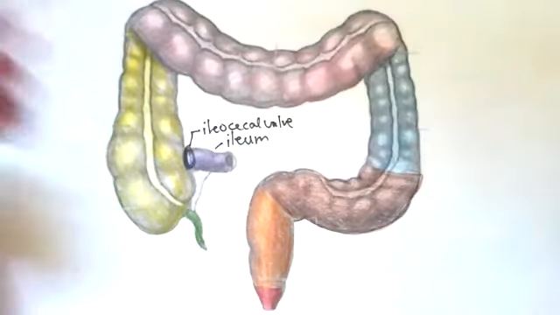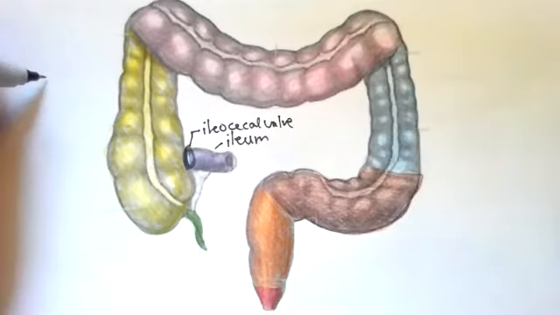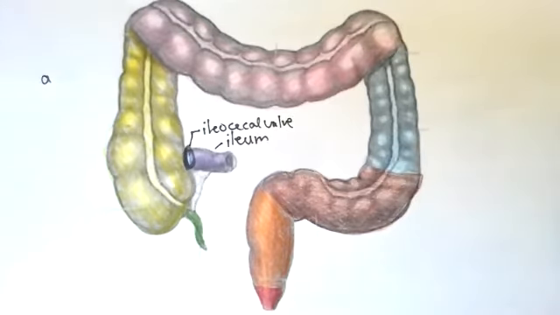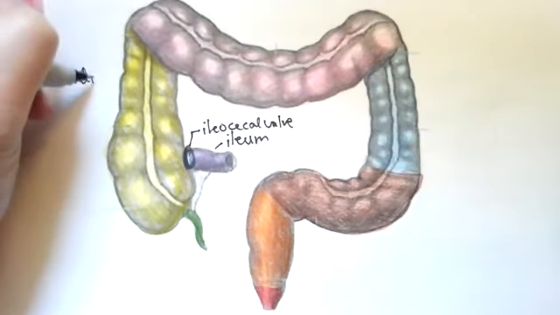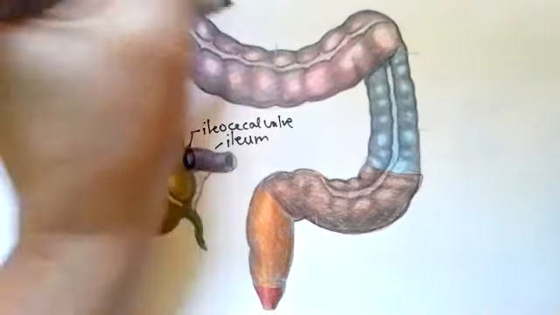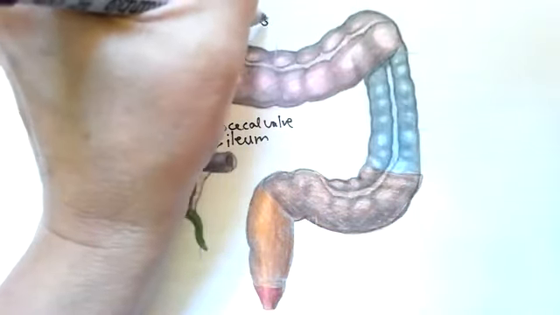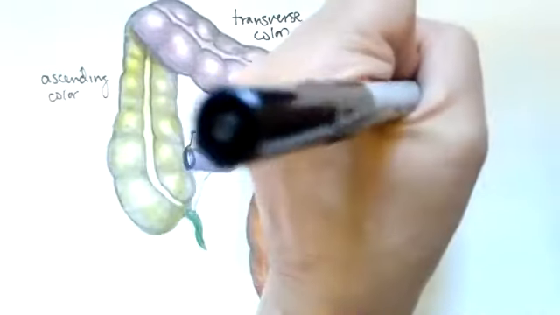A lot of times it's called the colon. So in yellow, I have the ascending colon. As I go across the body, I have the transverse colon. I have the descending colon.